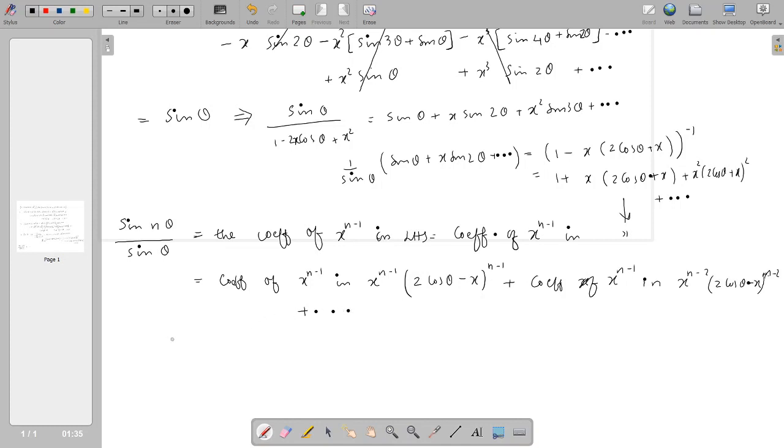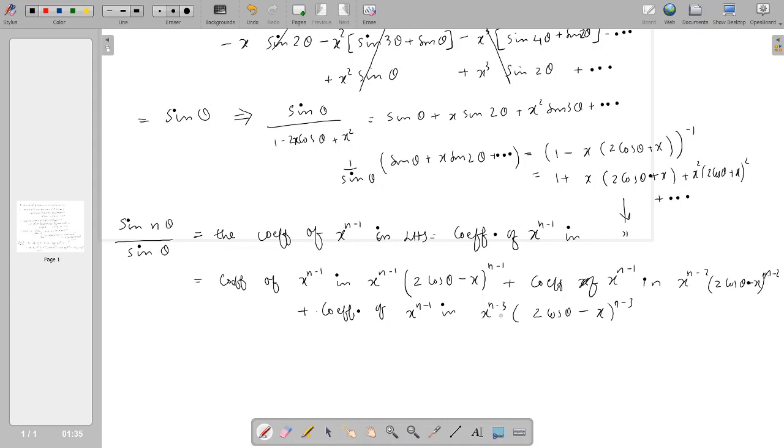So that will be equal to, so in order to get the coefficient of x raised to n minus 1 in this, we need to collect the coefficient of x from this term. Okay, so I'll write one more term here. We have one more term here, that is the coefficient of x raised to n minus 1 in x raised to n minus 3 times 2 cos theta minus x raised to n minus 3.